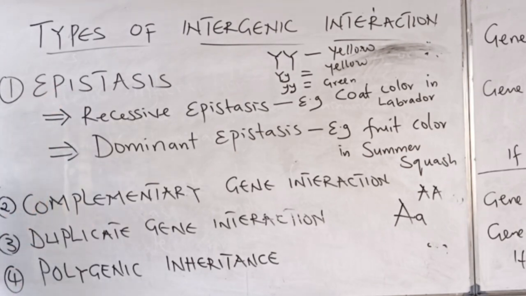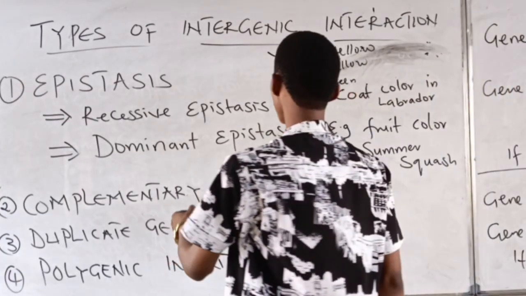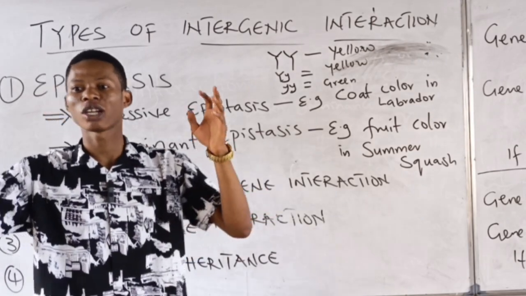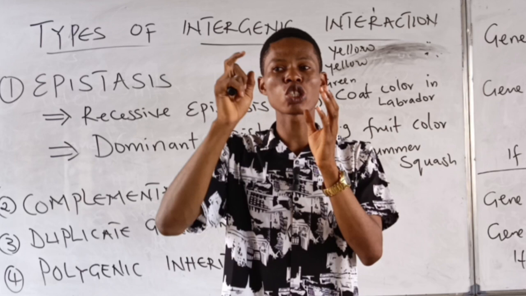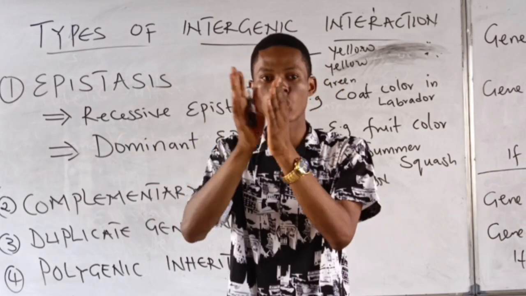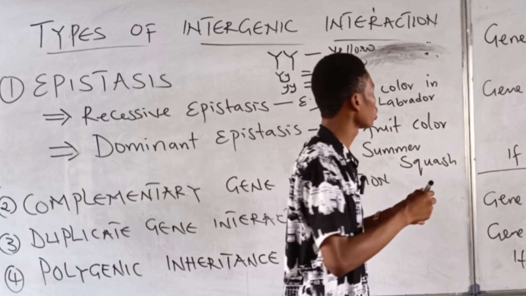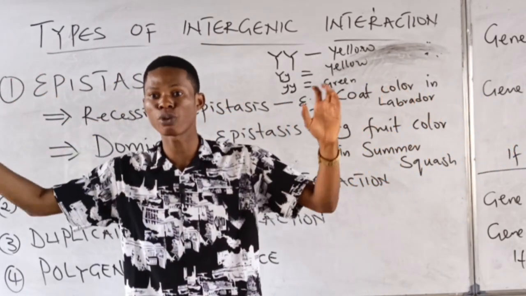The next thing here is complementary gene interaction. In complementary gene interaction, we have two genes. Remember that we are not looking at two alleles coding for one thing. We have one gene somewhere else, another gene on another locus, a different position.